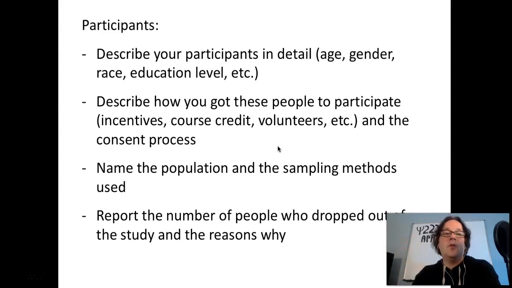So when it comes to that participants subsection, we want to describe our participants in detail. Like I said, describe the average age and maybe even age range, so from the youngest participant to the oldest participant, a breakdown by gender, by race or ethnicity, education level, and if sexual orientation is important for the study, break it down that way.